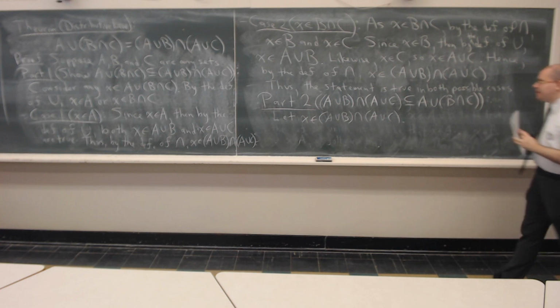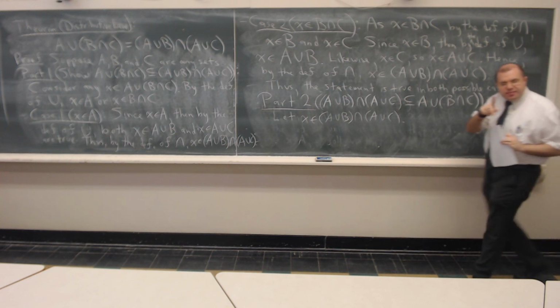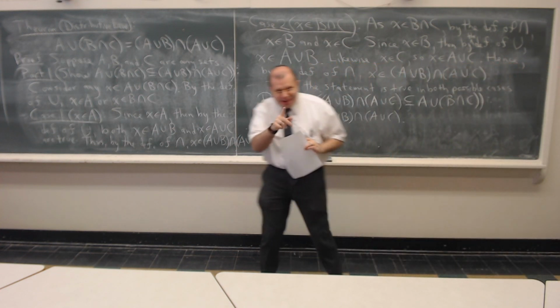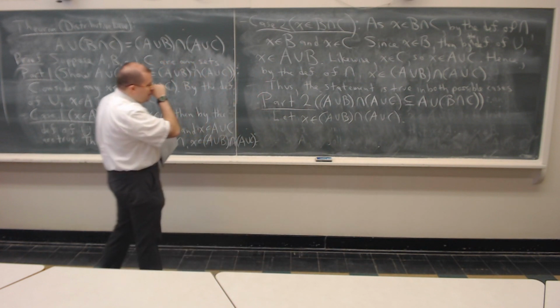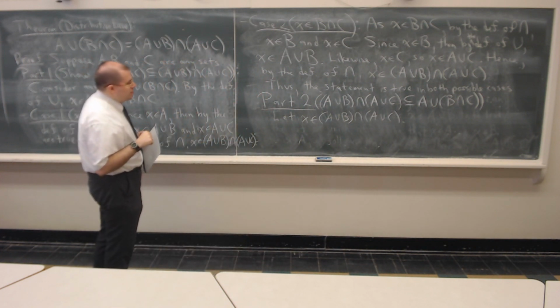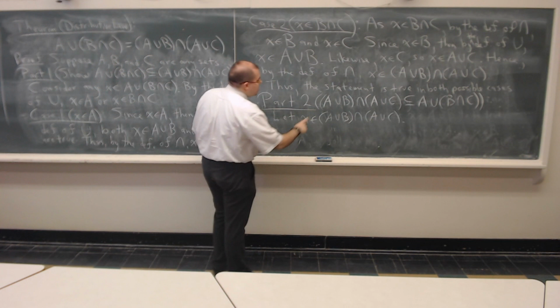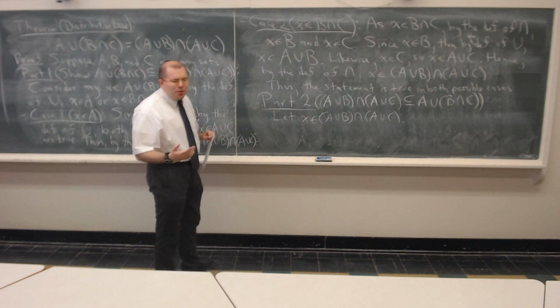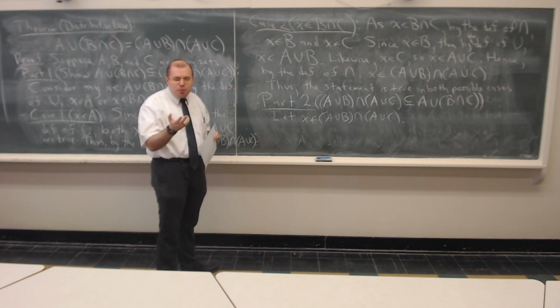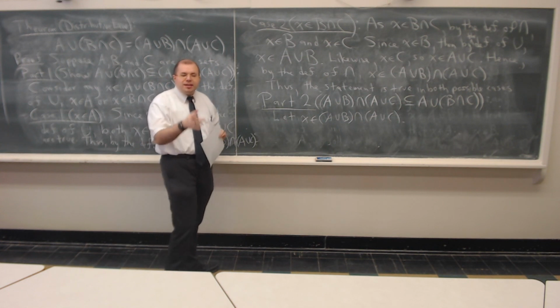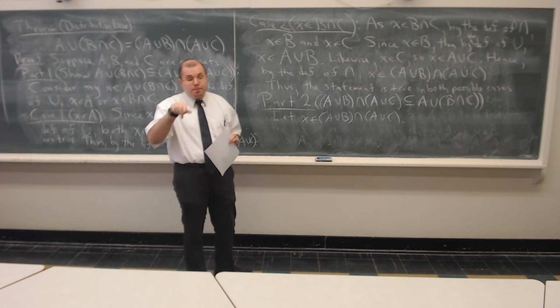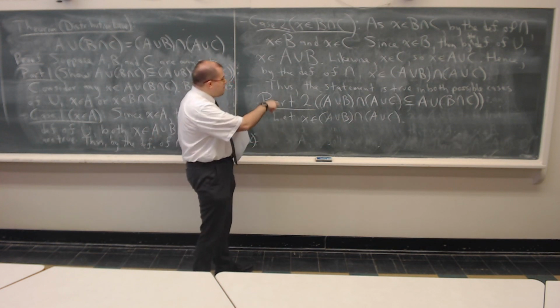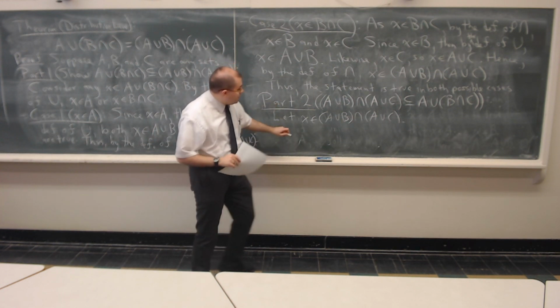Now I'm going to do something a little bit careful here. This isn't something I just pulled out of nowhere. I've thought about this carefully. Notice that both of these have A in them. So I'm going to look at two possibilities. X could technically be in A, or it may not be in A. However, it's very possible that x could still be in this set.